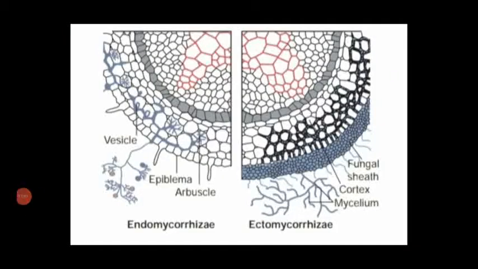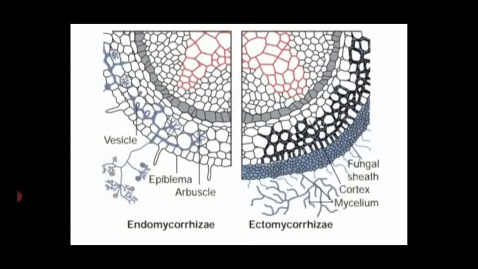Dear students, this is a diagram I already showed in the previous video class showing 2 types of mycorrhizae, endo and ecto. Endo produces 2 types of haustoria, that is absorbing root hyphal cells, in 2 shapes. One is the vesicle, another one is the tubular shape, named vesicle or arbuscule.